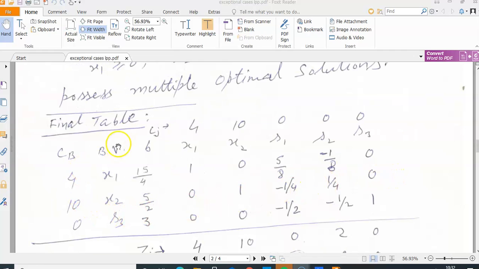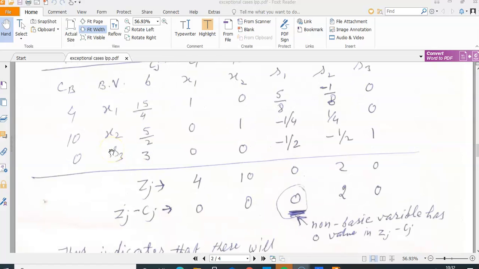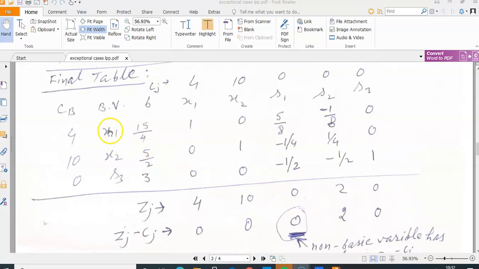If we go to its final, optimal table, we can see the situation: all the zj minus cj are greater than equal to 0. These are the basic variables x1, x2, s3, and other than these, s1 and s2 are the non-basic variables.